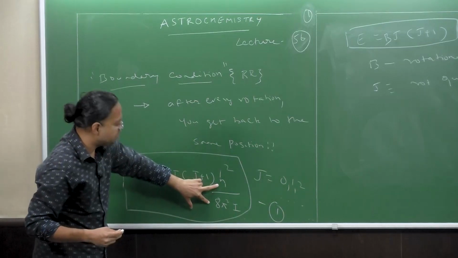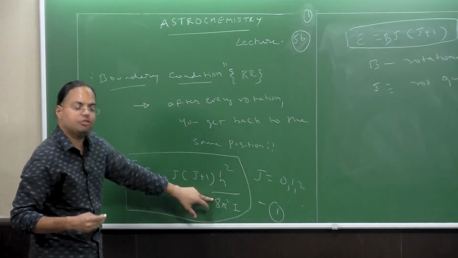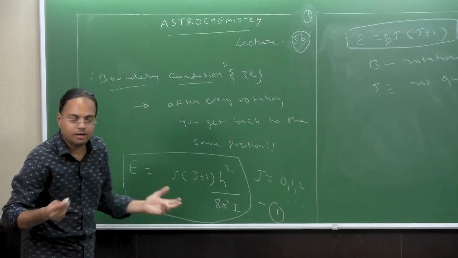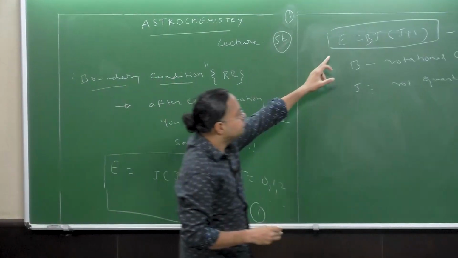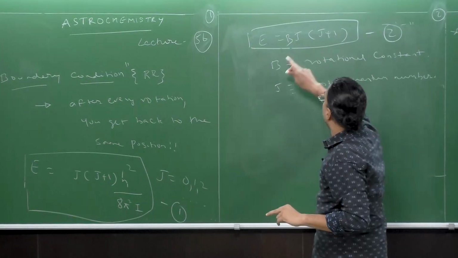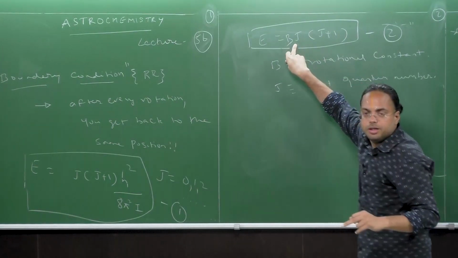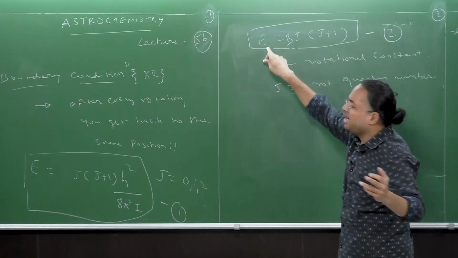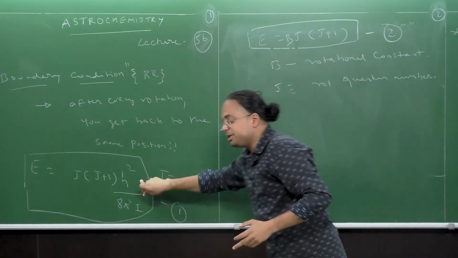Therefore this entire thing, h squared by 8 pi square I, has to have units of energy, correct? So in this modified expression where E is B J times J plus 1, my B should have the same dimensions as energy. And what is B from this expression right here?